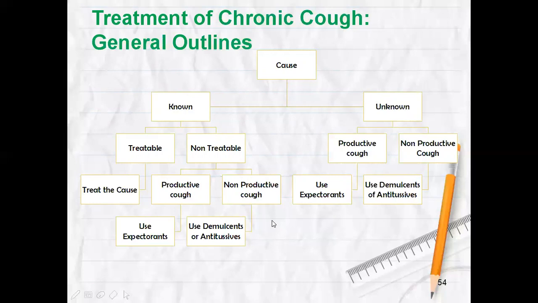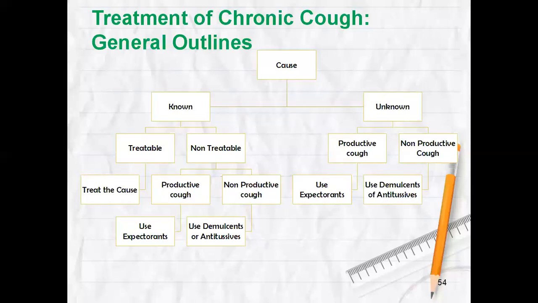Now the next thing is, if the cause is unknown, that is idiopathic chronic cough, after extensive diagnosis we haven't found the cause of chronic cough. Then in such a condition, we have to determine whether the cough is productive or non-productive, and on a similar basis, we could give either expectorants or, if non-productive, then demulcents and antitussives.